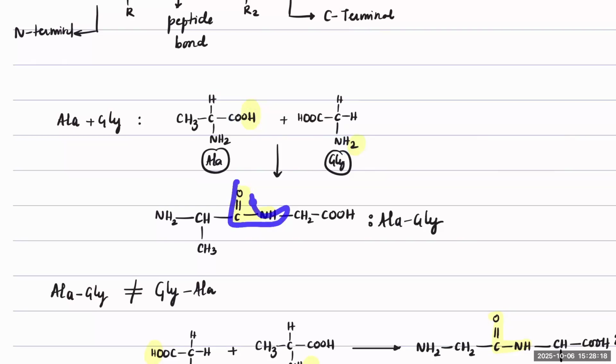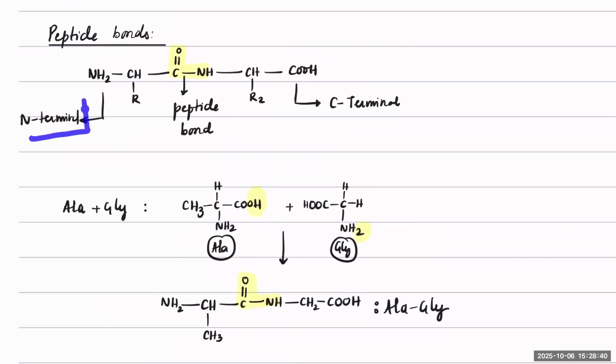They will form an amide bond. Keep this NH2 on the left hand side and keep this acid on the right hand side. This is a convention that needs to be followed. Always keep nitrogen on the left hand side and the acid part on the right hand side.